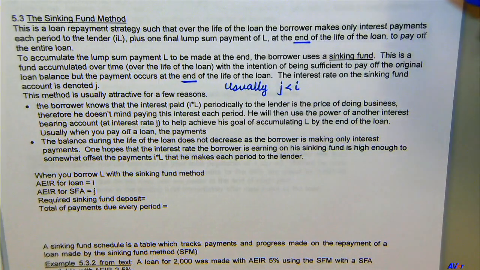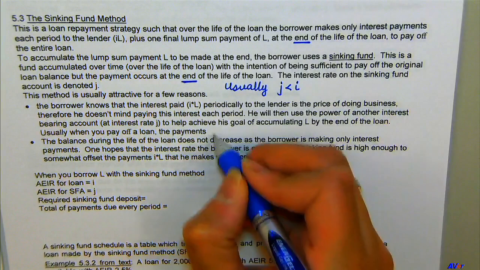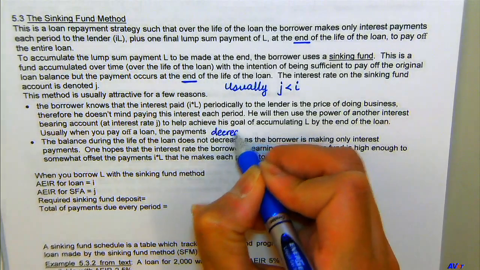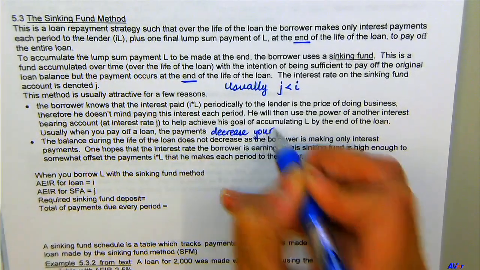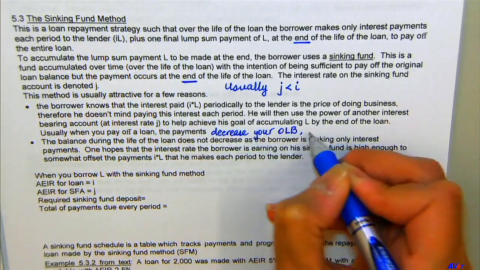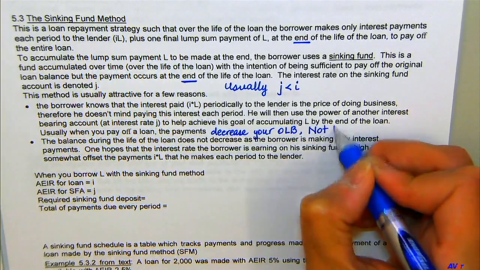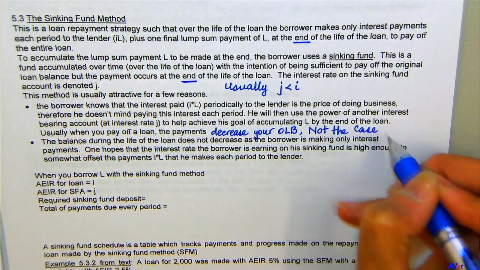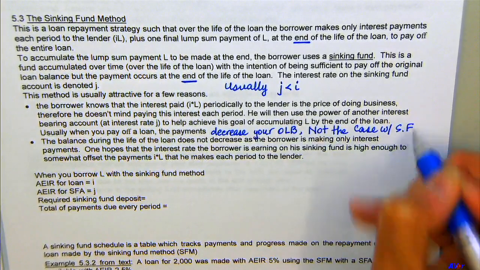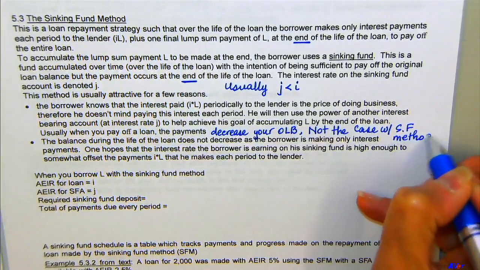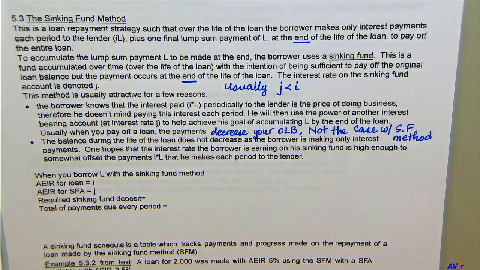Usually when you pay off a loan, the payments decrease your OLB. Not the case with sinking fund method. In other words, you're not paying off any of the principal, right? So your OLB never goes down because you're just keeping Mom satisfied by giving her 3%, 3%, 3%, and never paying her back the original $100,000 until the very end.